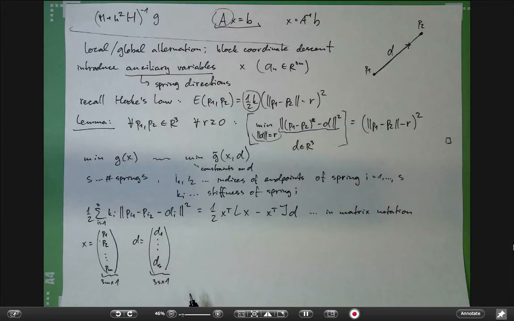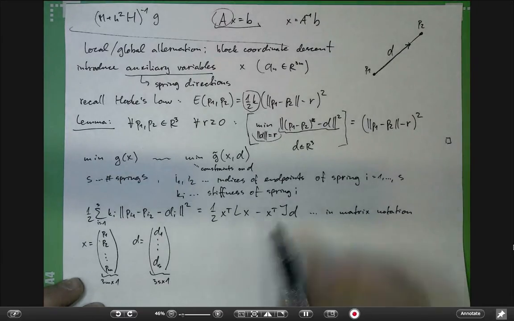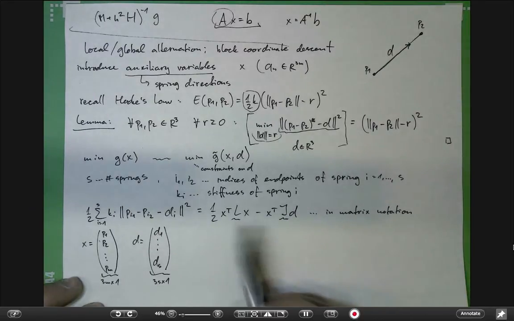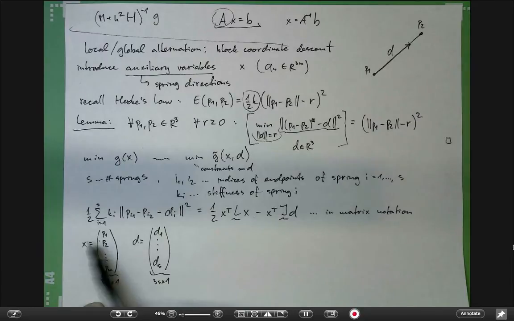I'm debating if I should go into the details of how the L and J matrices are constructed because I don't have a ton of time. So let's just say that these L and J matrices are constant matrices, and you can derive them by reorganizing this formula. Maybe we'll get to that later.